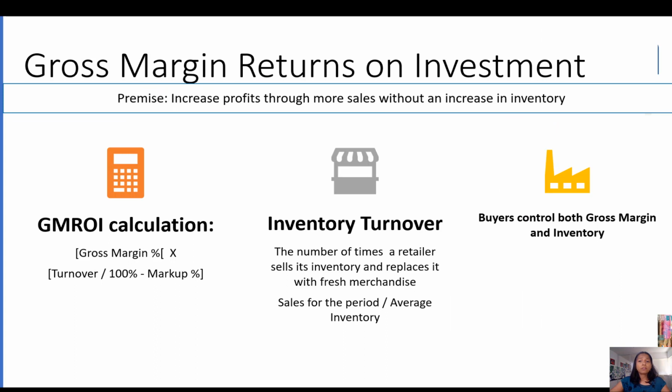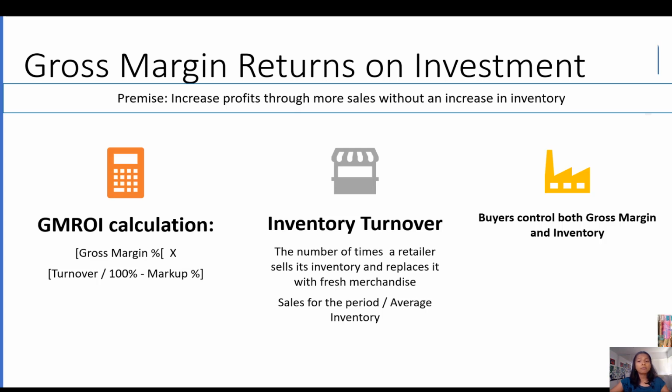Gross margin return on inventory, which is also called GMROI, is a KPI used to measure inventory performance. Managing inventory is the responsibility of those involved in the buying function and is a good indicator of their performance. The basic premise of GMROI is increased profits through more sales without an increase in inventory.